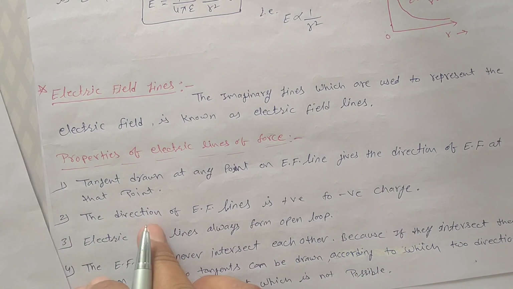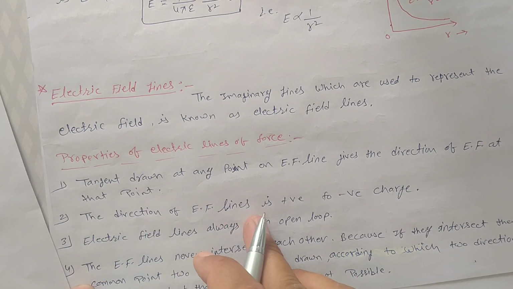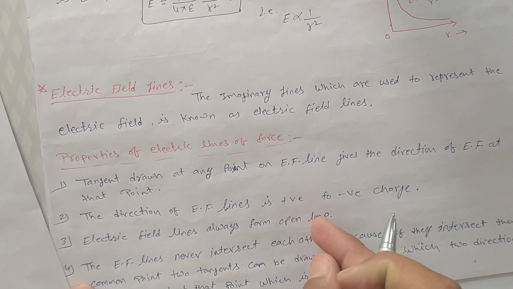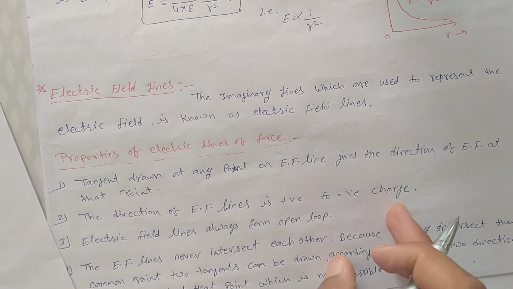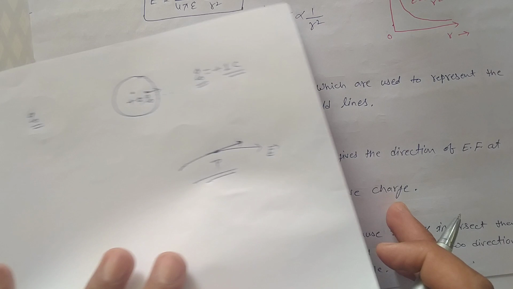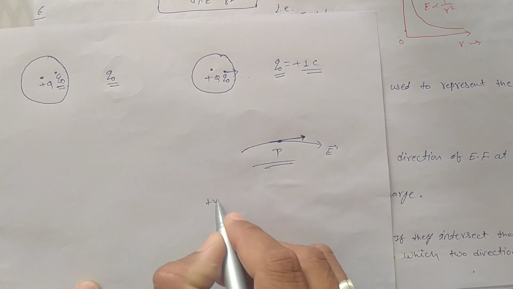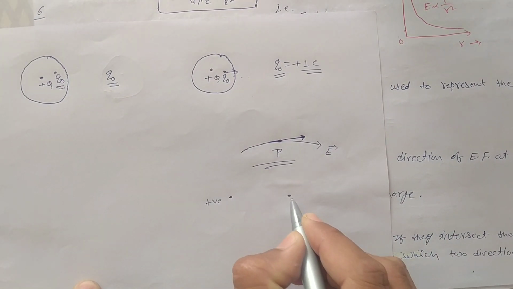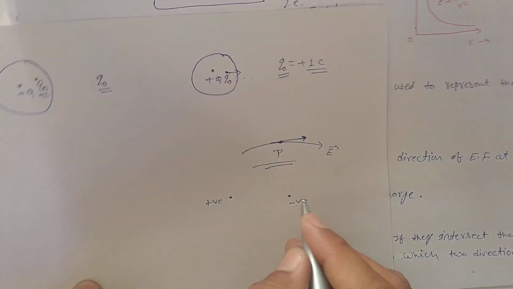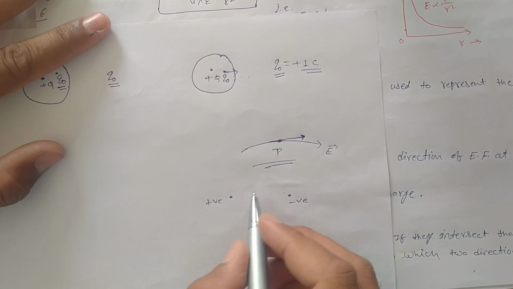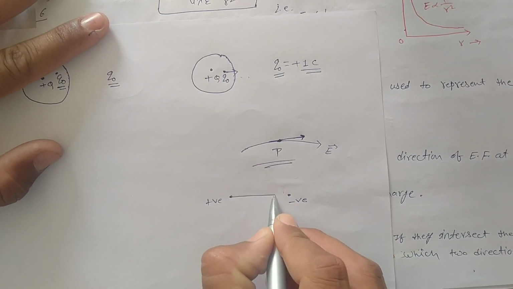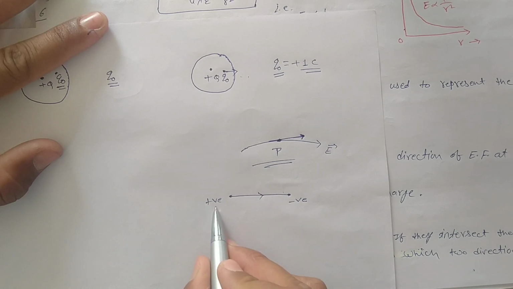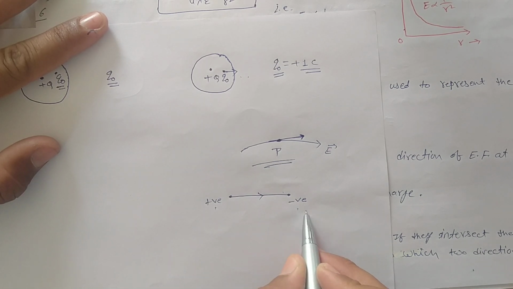Next point, the direction of electric field lines is always from positive to negative charge. Suppose we have two charges, one positive and another negative. Then the electric field lines are represented like this, positive to negative. Okay.